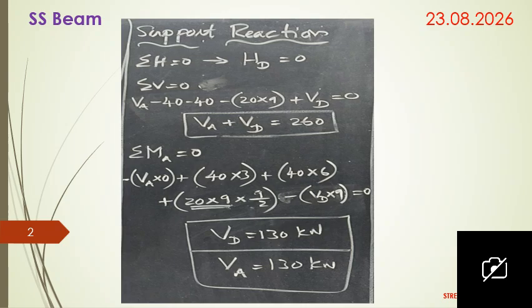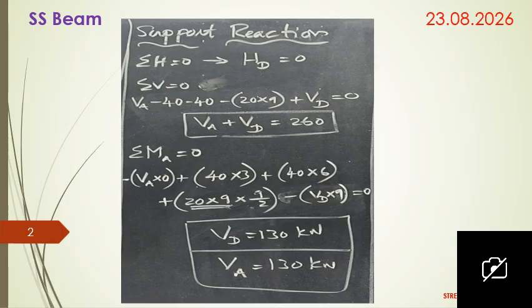So next we are going to use summation V equal to 0, that is, the sum of all the vertical forces in the beam is equal to 0. Here the vertical forces are 2 point loads, 1 UDL and 2 support reactions. We are considering upward as positive, downward as negative.